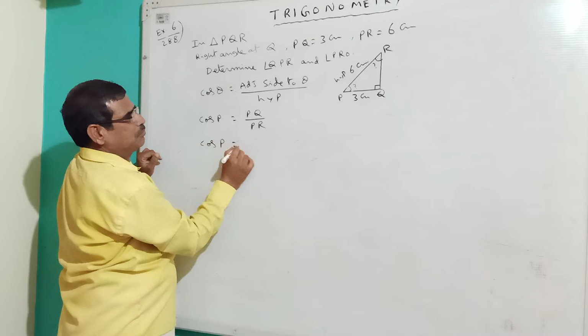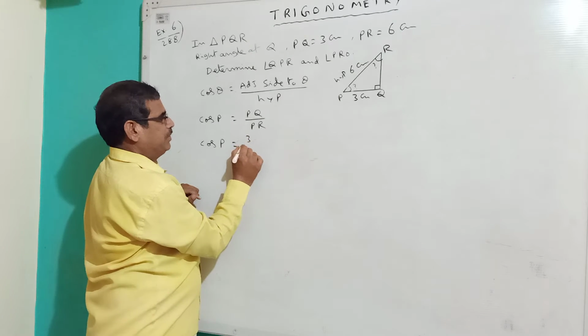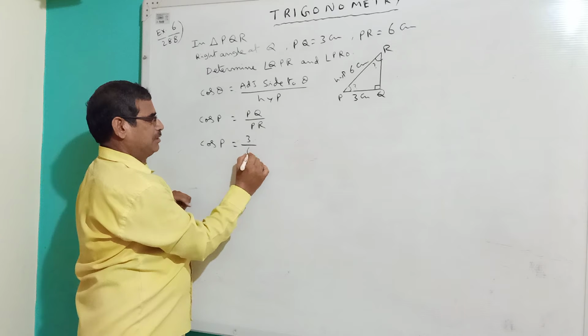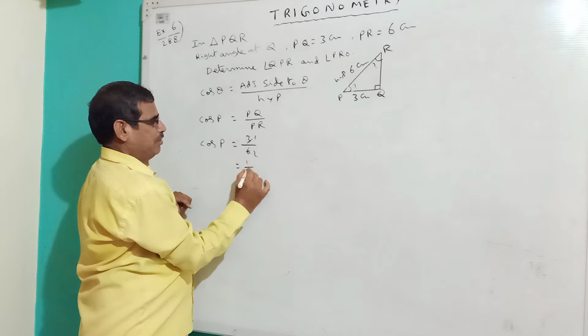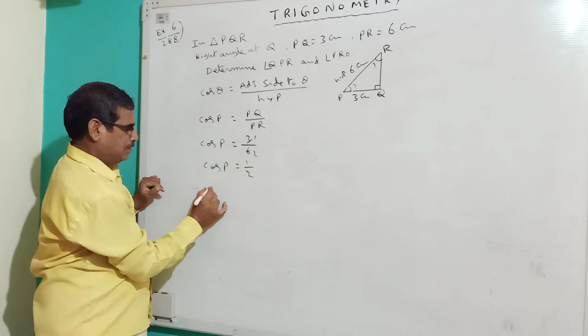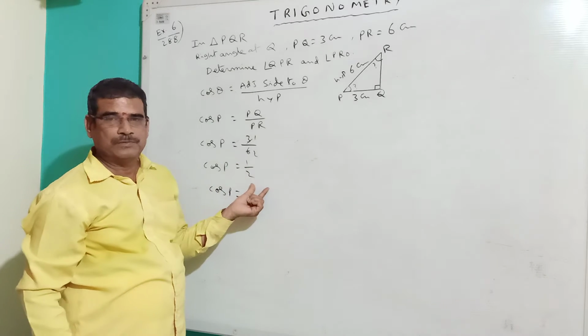PQ value is 3, 3 by PR means 6. That is equal to 3 ones, 3 twos, 1 by 2. Cos P is equal to 1 by 2.